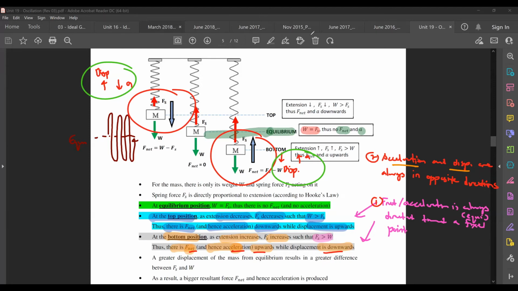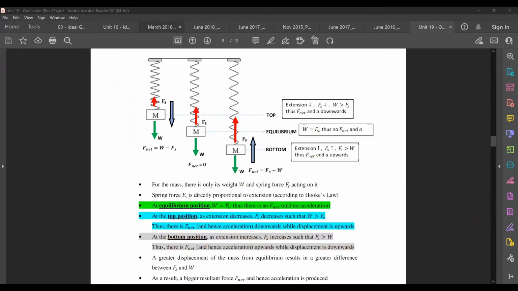Okay, now how about the first criteria of simple harmonic motion, which tells you that acceleration is always directly proportional to your displacement? This one you have to refer to the statement further down.